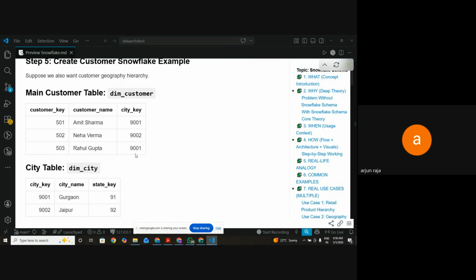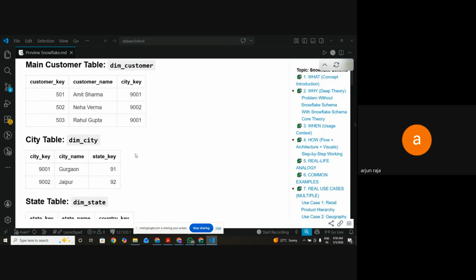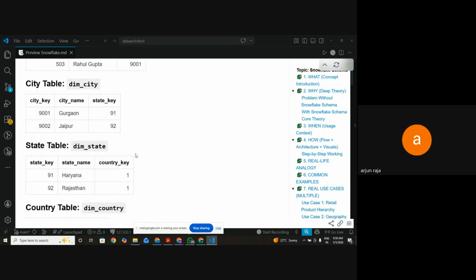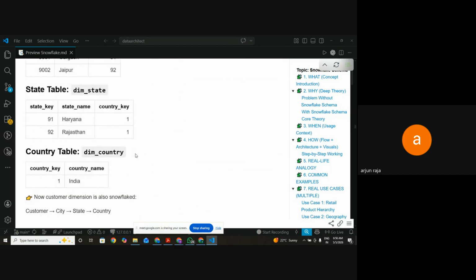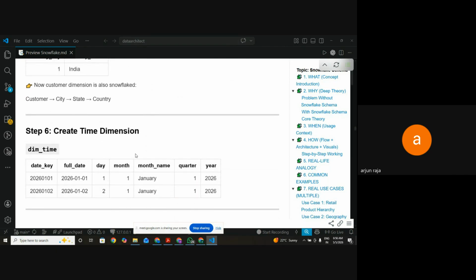Because city is repeating for Amit Sharma and Rahul Gupta. If city repeats, then state will also repeat, and country also.